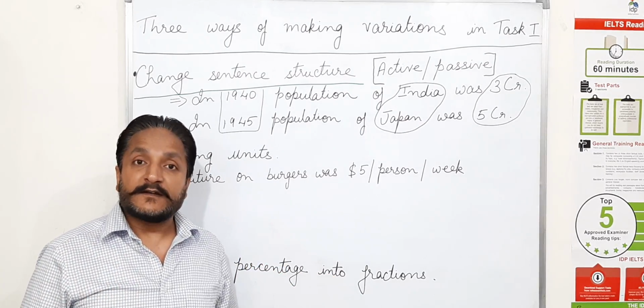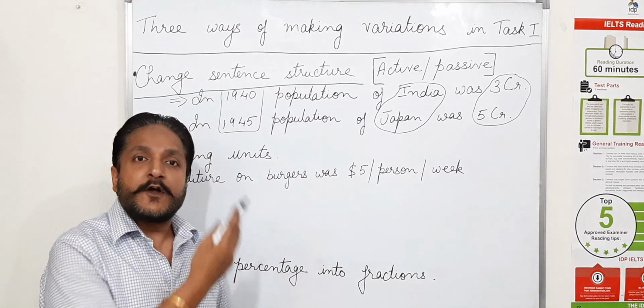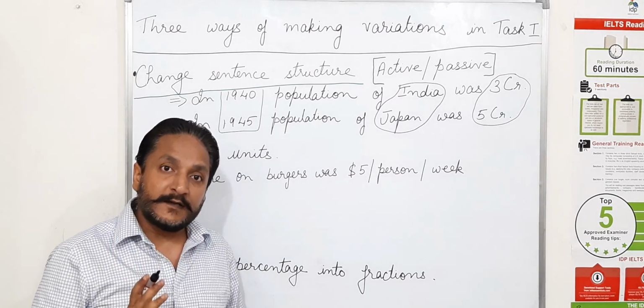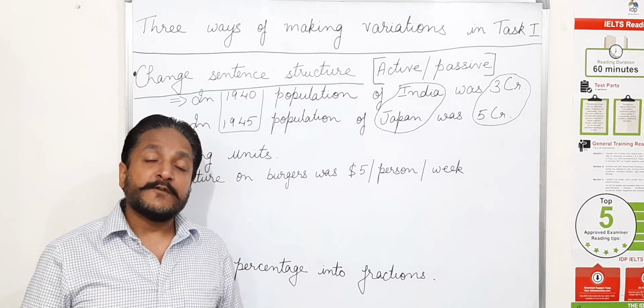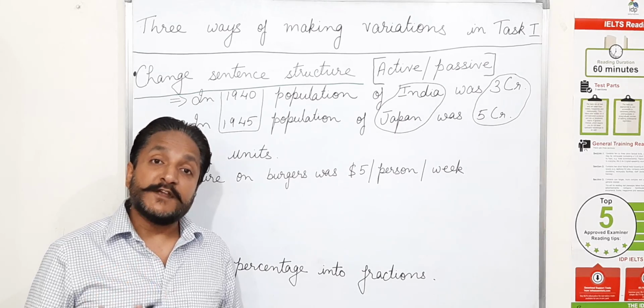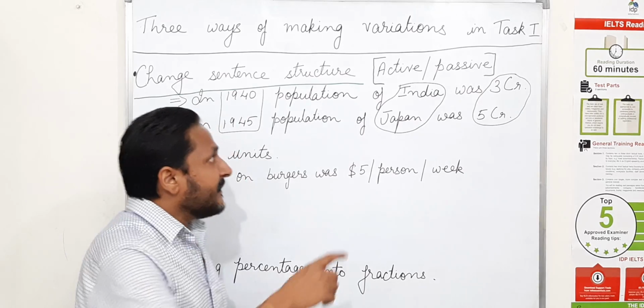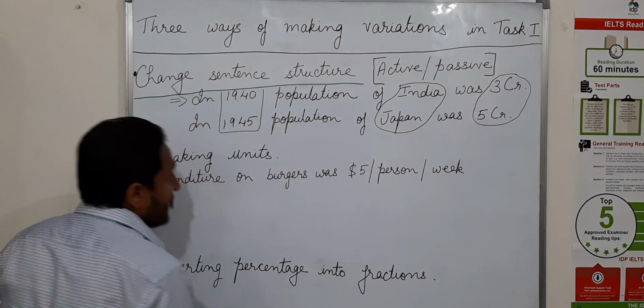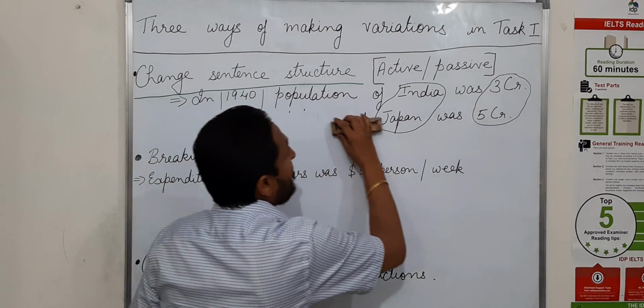It is not incorrect. The examiner, when he will check it, he will not be able to put a cross, he will put a tick, but you will not be able to get marks because we have not shown grammatical variations in it. So when we are writing the second sentence, instead of the active form, we can write the passive form.